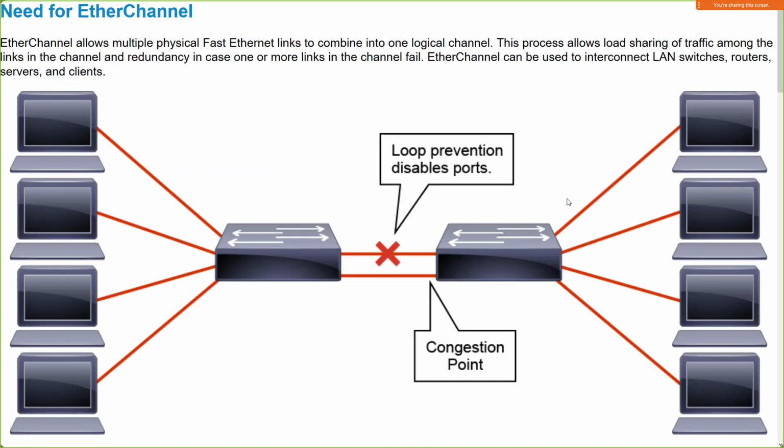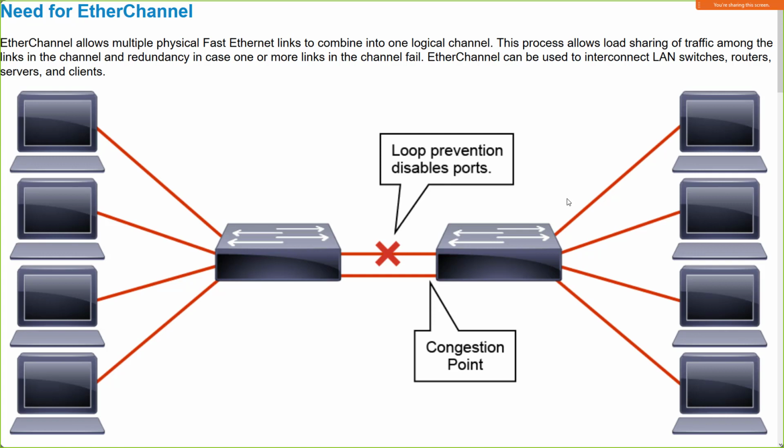All right. So in our first section, why do we need Etherchannel? Well, we just talked for quite some time about spanning tree, right? If links are not bonded together, spanning tree will consider that redundant connection a loop in the topology, and that link will be disabled.